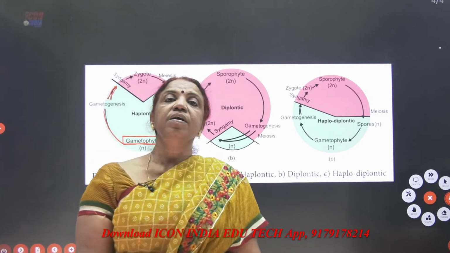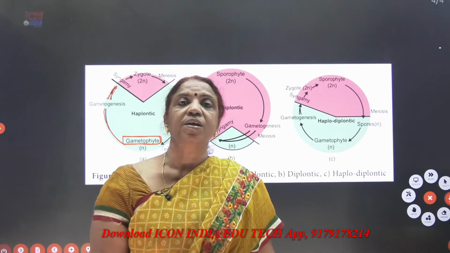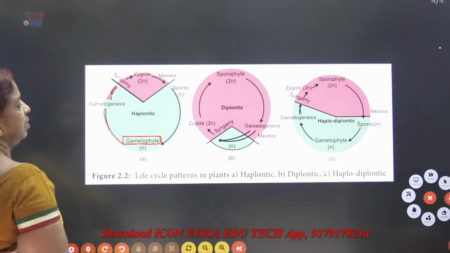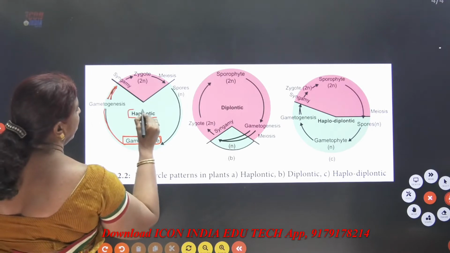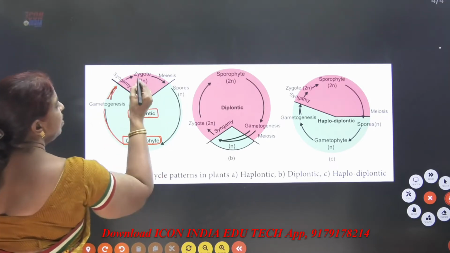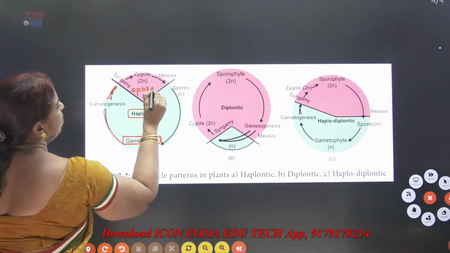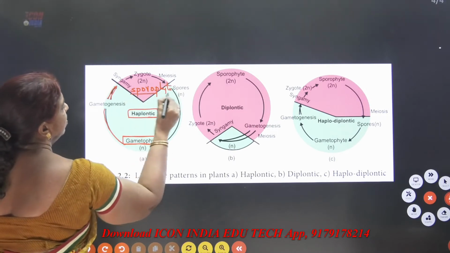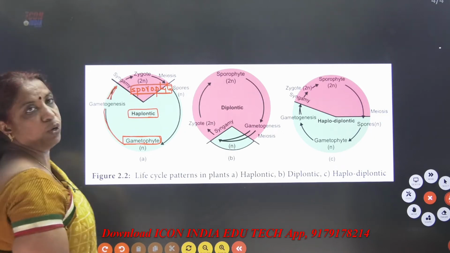So the sporophytic stage is only the zygote. The sporophyte is represented by only the diploid zygote.